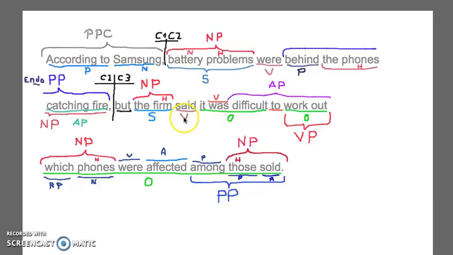Said is the verb. And it was too difficult to work out is the object. And all of this is also the object. This object is related to this one, and this one is also related to this one.